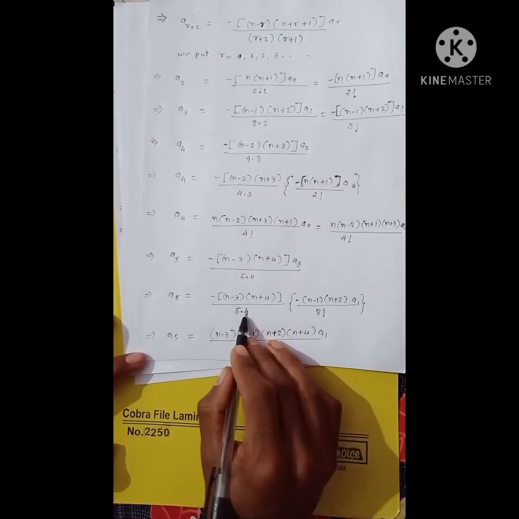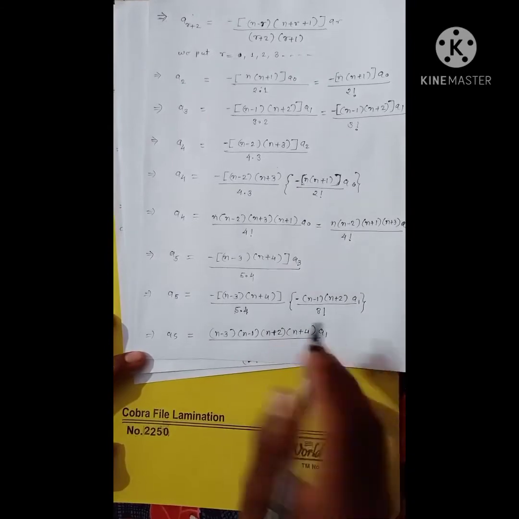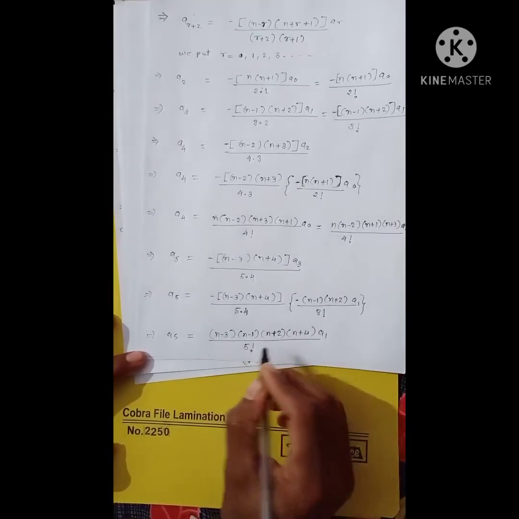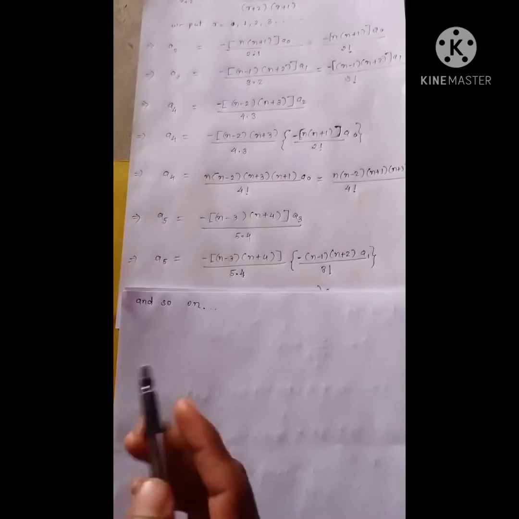So 5 into 4 into 3 into 2 into 1 becomes 5 factorial, and so on. Now we put all these values in the equation of y.